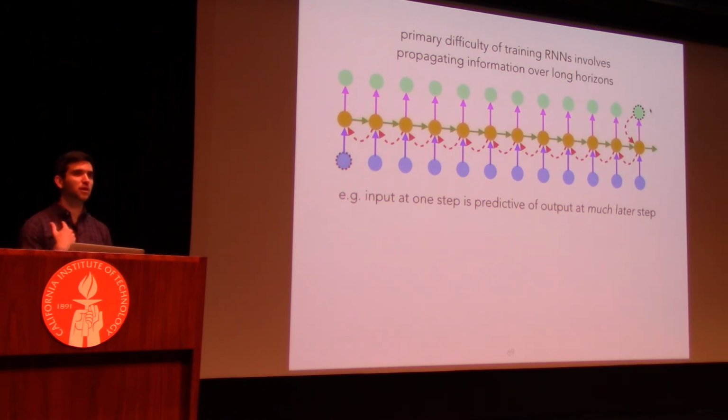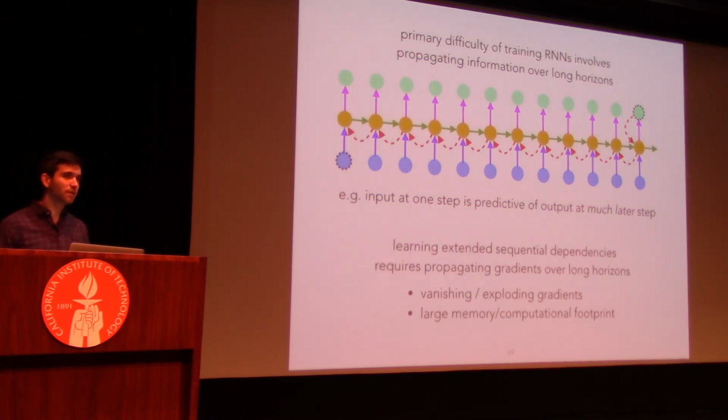For instance, if I'm writing an email to somebody and say, hi, my name is Joe, and then I have a very lengthy email, and then at the end I sign off, you know, sincerely, comma, and then what should be the next set of characters? Well, in order to actually predict that, I would need to look at the very beginning of the email. So I have these very long, extended temporal patterns that I would like to be able to pick out, but it might be difficult to propagate that information all the way through the model.